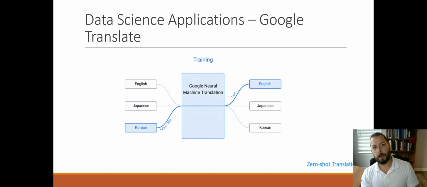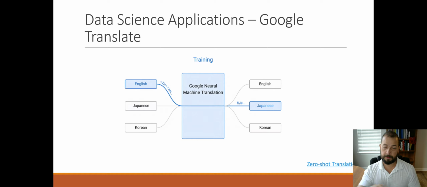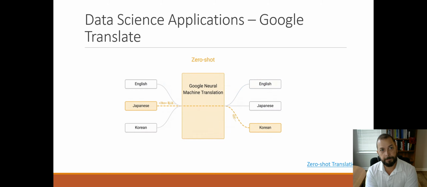It decided that it was easier to translate English to Japanese first, and then translate Japanese to Korean. And it did this on its own.